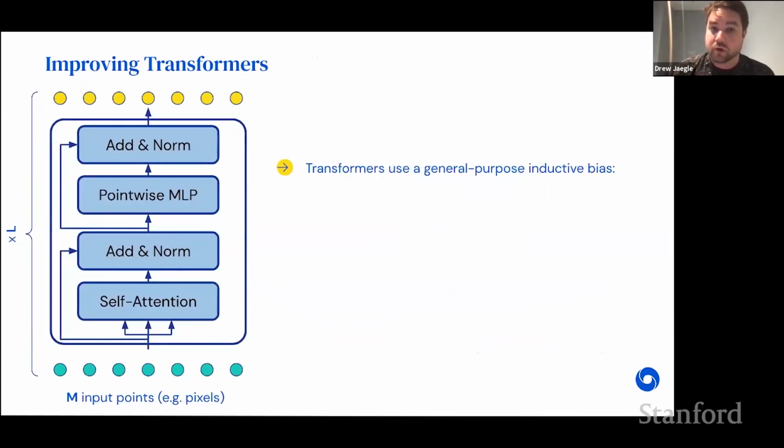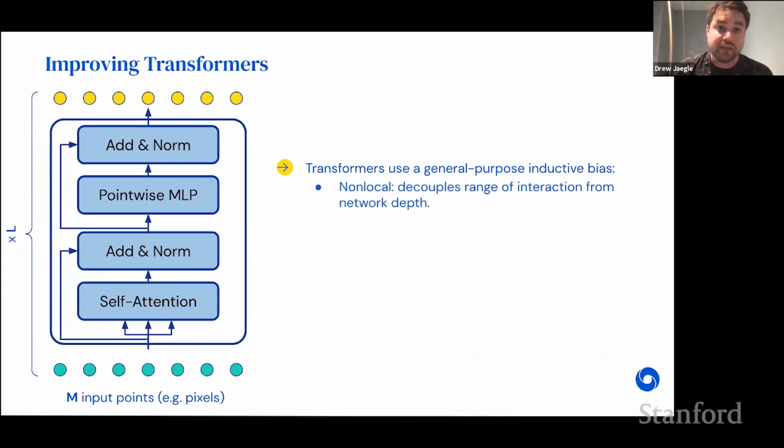And the way that we're going to be doing this is, of course, by working on the most general purpose architecture that we have so far, which is basically a transformer. And you'll all be very familiar with the basic building blocks of a transformer. But just at a very high level, we can think about what they do right, which is they use a general purpose inductive bias. So they're non-local, which means they're not making domain-specific assumptions about which points should be compared to each other.